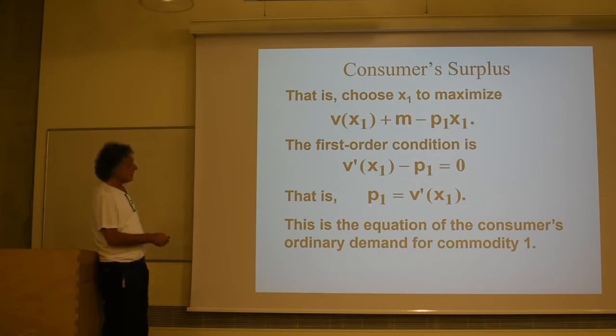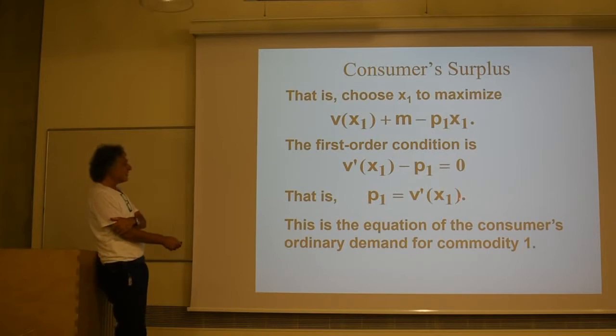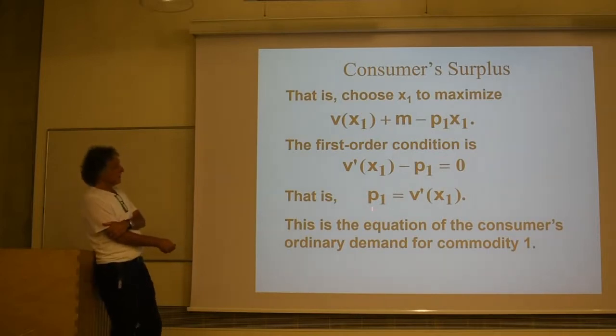The inverse demand: give me x1, let's say 1 unit, then I take v prime, substitute 1 instead of x1, and then I know my willingness to pay for that one unit. And it has nothing to do with M. So if I buy the first one, then the second one, it doesn't matter. The second one will be P1 equals v prime of 2, etc., but no income effect.